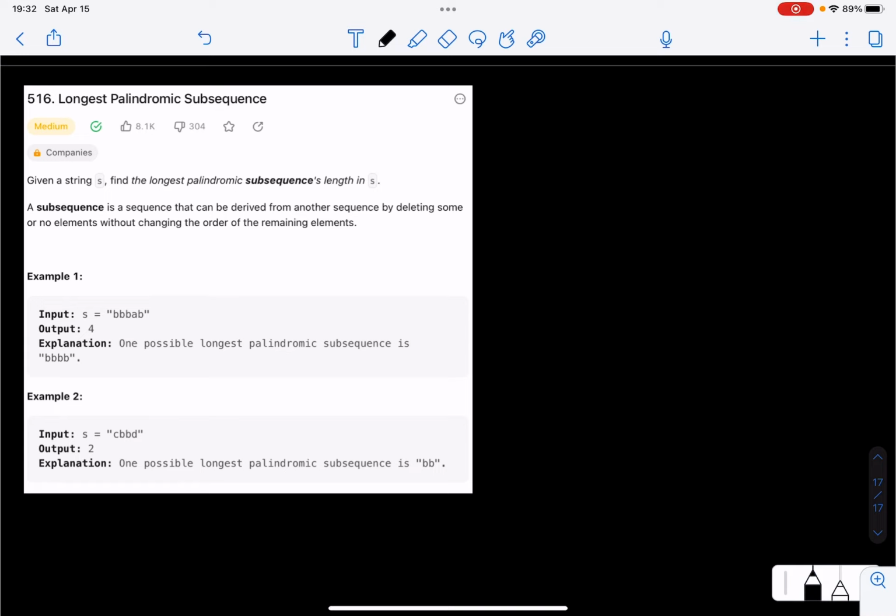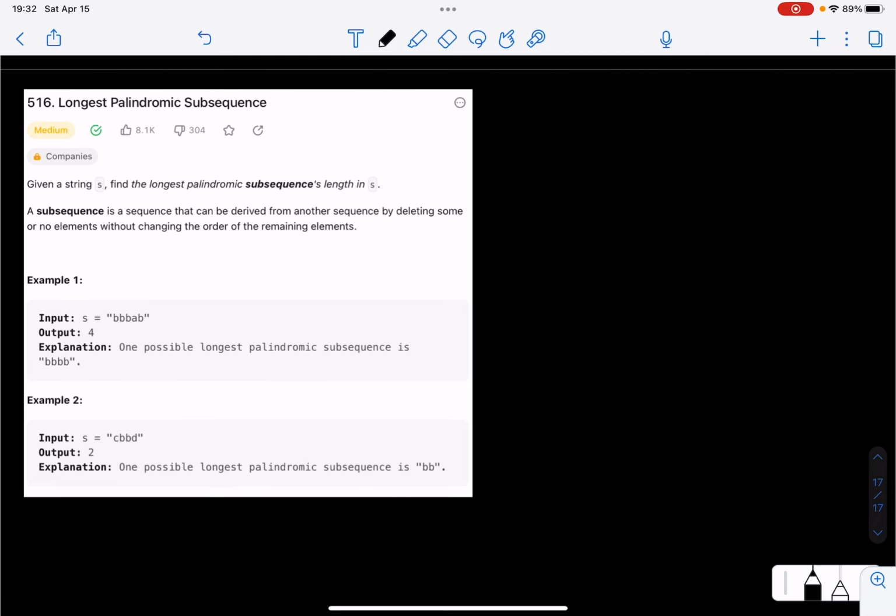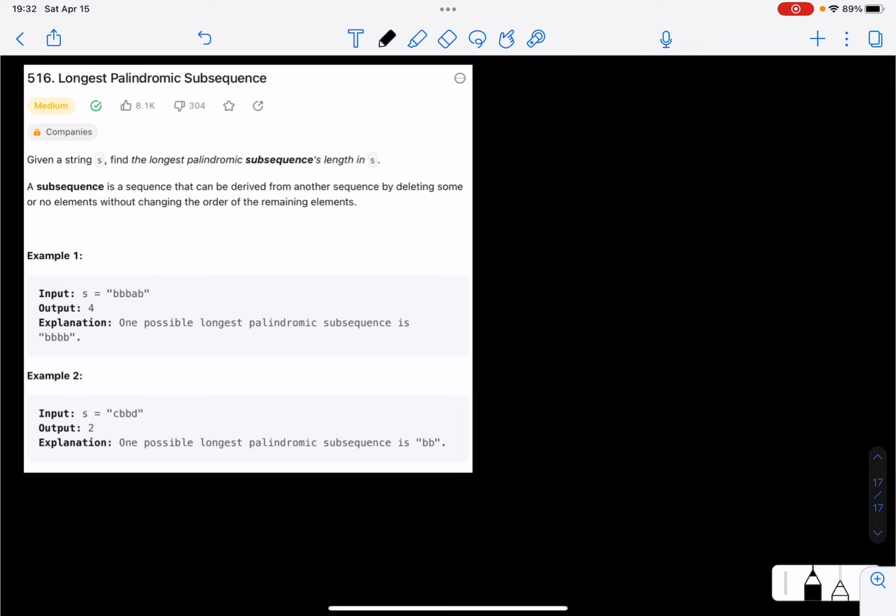You might have seen a question which is longest common subsequence, where we have two strings and we find the length of the longest common subsequence. If you haven't solved that, that's fine, we'll go through the idea over here. So it's a 2D dynamic programming question. Essentially, we have a 2D grid to solve the problem. So let's get into that.